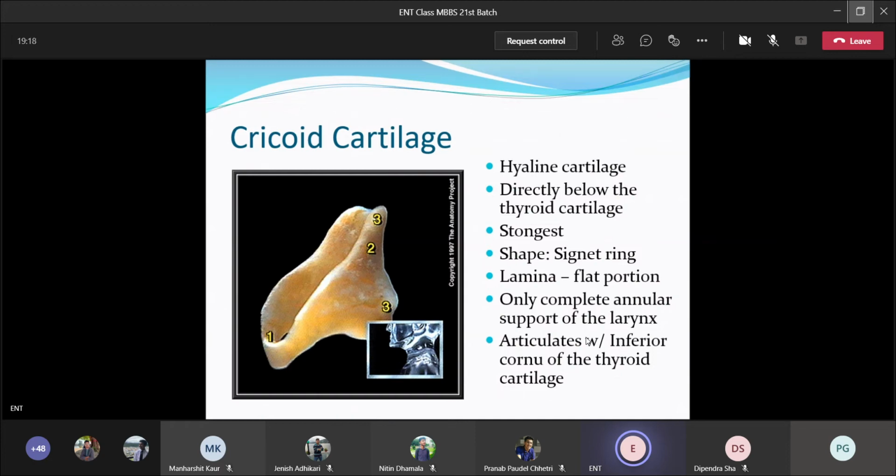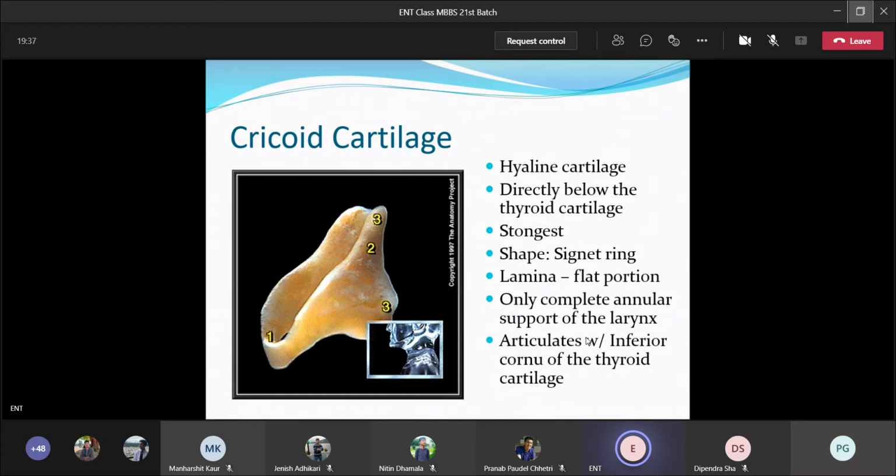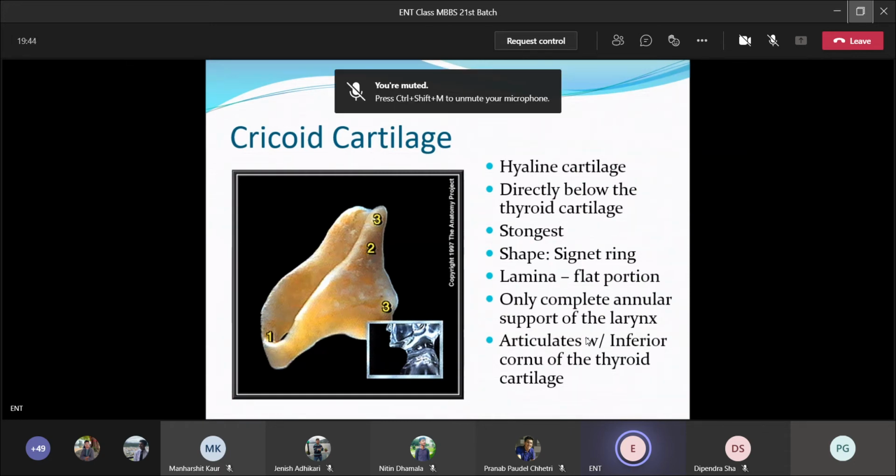You look in the diagram. There is a lamina, which is a flat portion. It is the only complete annular support of the larynx, and it articulates with the inferior cornu of the thyroid cartilage.